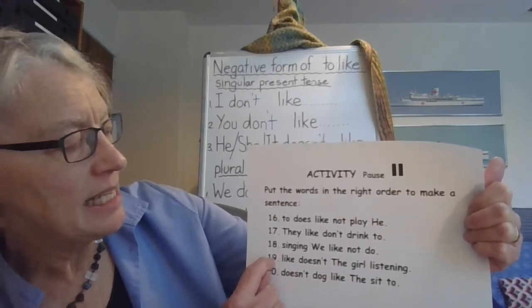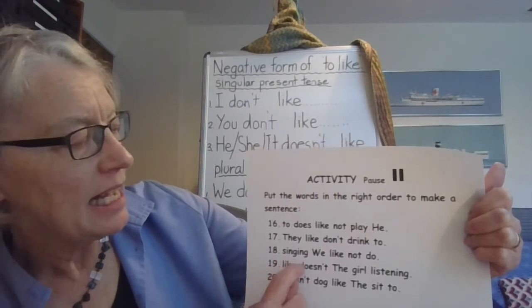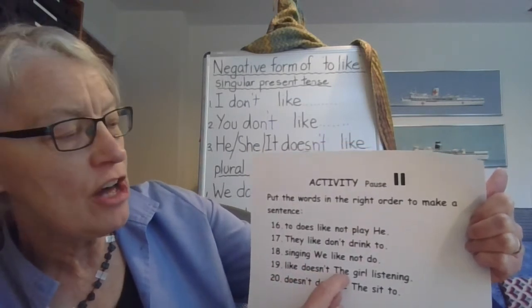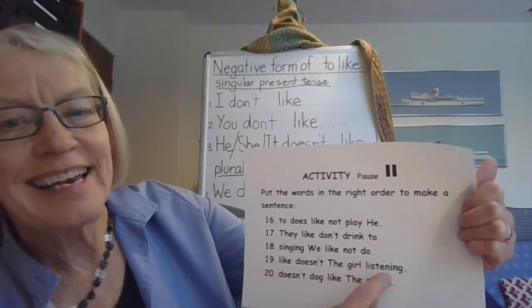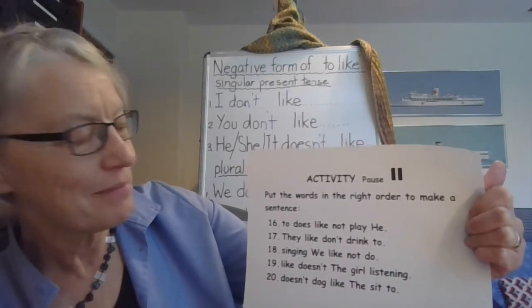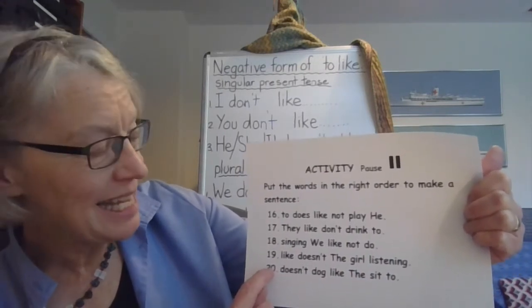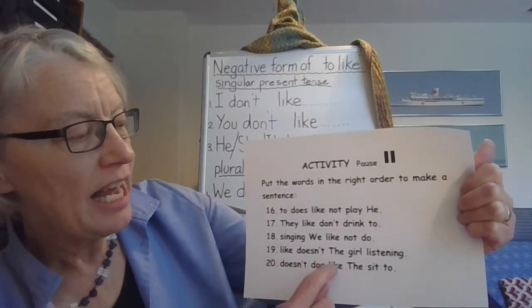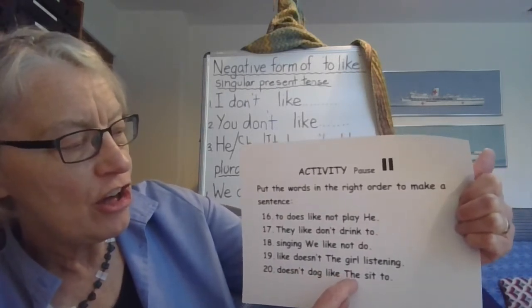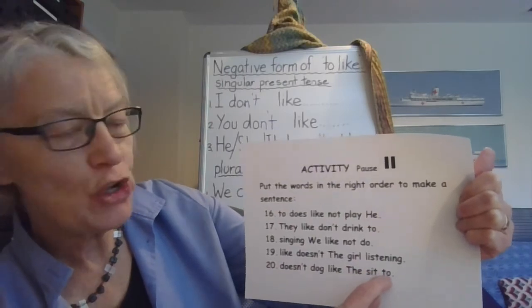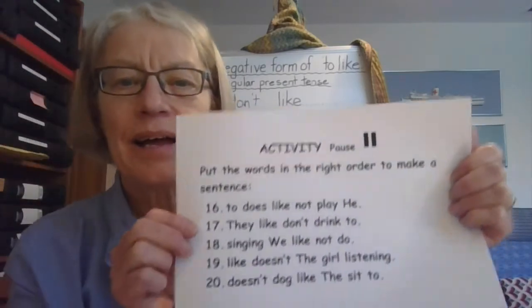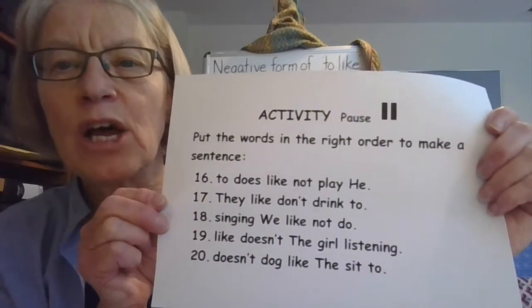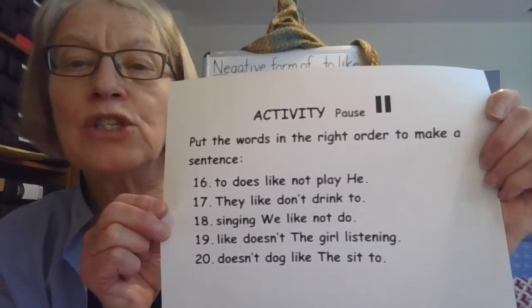Number 19. Like, doesn't, the, girl, listening. And number 20. Doesn't, dog, like, the, sit, to. Hold it there so you can see it. Pause while you do that work.